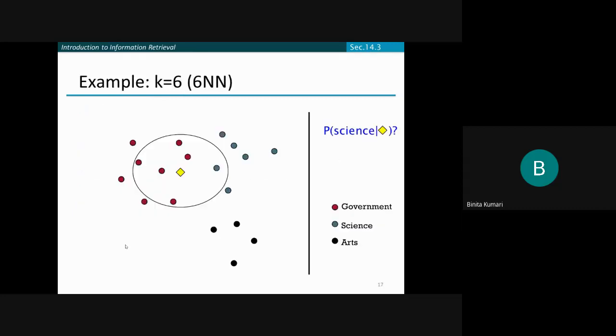Let's take this example. So here k value is equal to 6. So it is 6NN.